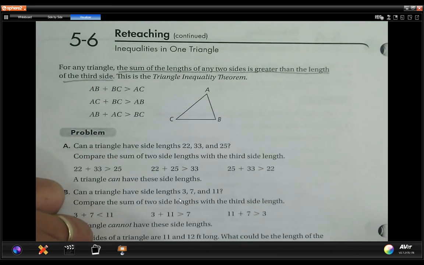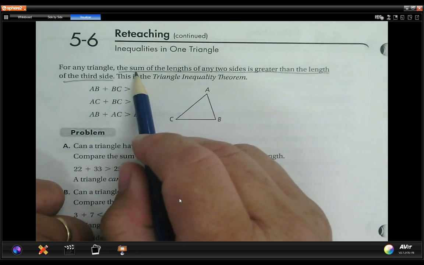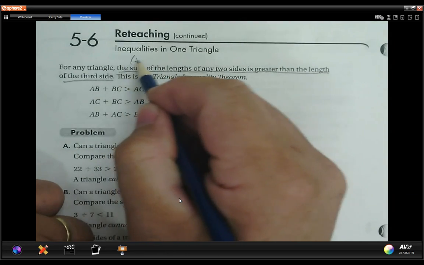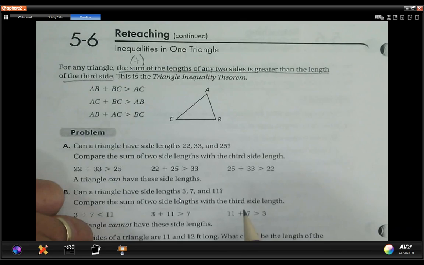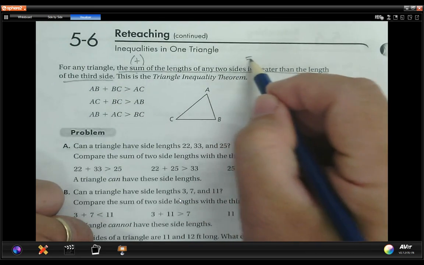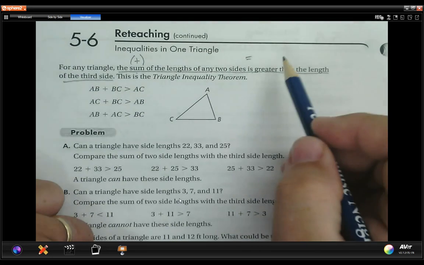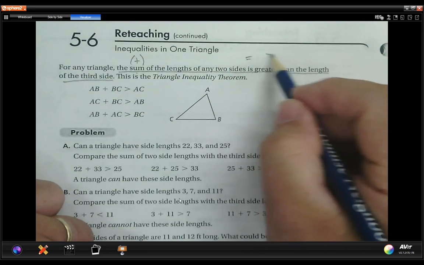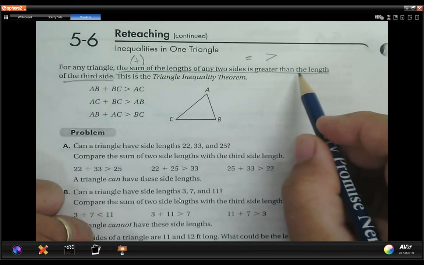Now let's just kind of break that down just a little bit because I think it's going to be helpful. So the sum of the lengths, well that means addition, right? The sum of the lengths of any two sides is greater than the length of the third side.